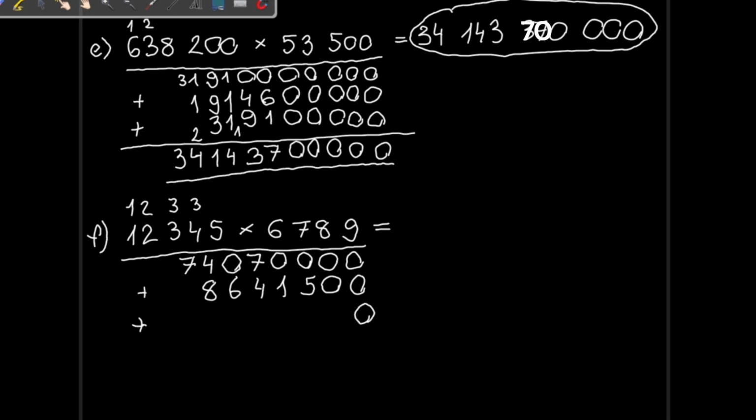Okay, next number 8. 8 times 5 is 40. Once again, let me delete these numbers which were meant for help. 40. 4 times 8 is 32 plus 4 is 36. 3 times 8 is 24 plus 3.